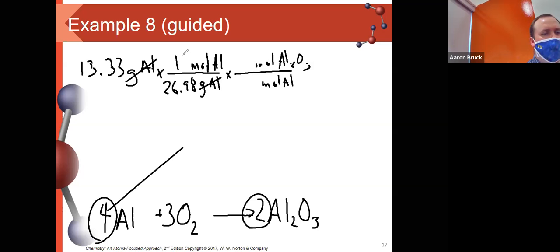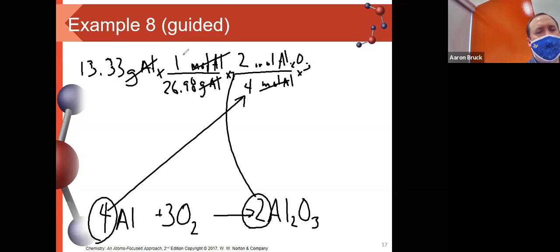This is where those coefficients come in. 2 aluminum oxides for every 4 aluminums. My moles of aluminum cancel. Last step, I need to turn the moles of aluminum oxide into grams of aluminum oxide.